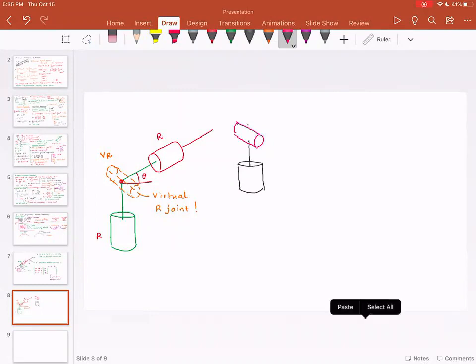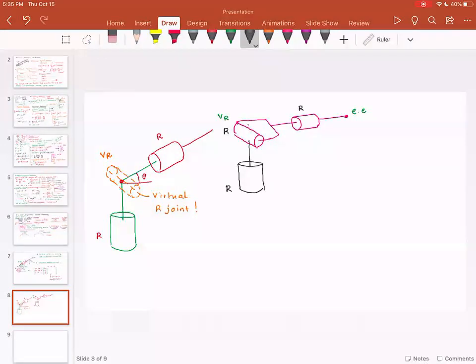Then I'm going to add my next revolute joint to this virtual revolute joint. Since I added this virtual revolute joint, nobody has prevented me from making the outer limb of the robot, or the end effector, perpendicular to the previous degree of freedom. So now I have a revolute joint, a virtual revolute joint, a final revolute joint, and an end effector.